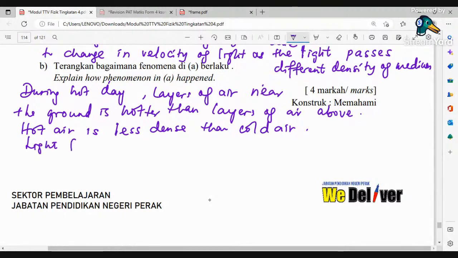Light from moving cloud travel from denser air to less dense air, refracted away from normal.